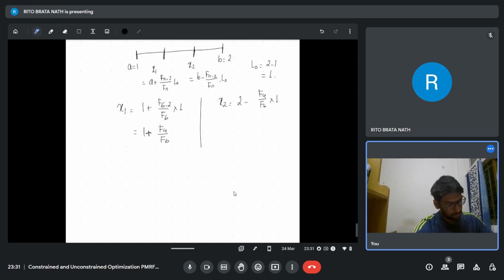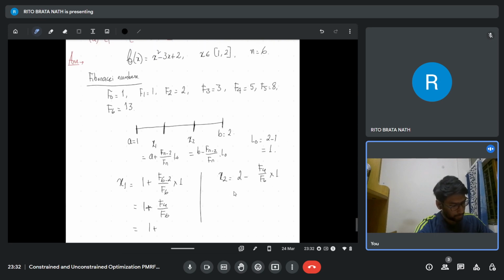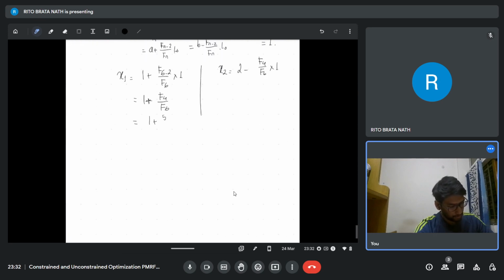It's 1 plus 5 by 13, and 2 minus 5 by 13. So one is 18 by 13 and another is 21 by 13. Anyway, it will be 1.3846 if you write it down till 4 decimal places. This one will be 1.6154.